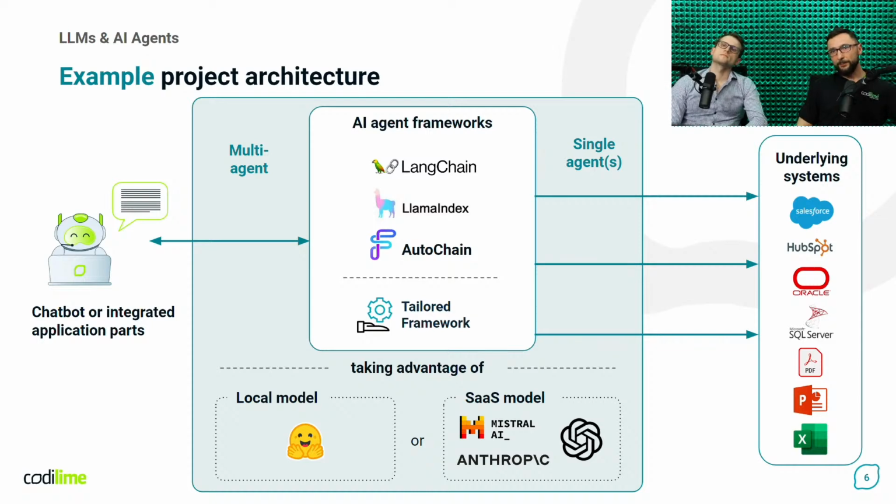All right. And now to show you a bit how such a thing could look, let's take a look at this very simplistic example project architecture. In the center of the screen, you can see that there are already made open source solutions that may significantly reduce the time you would need to build a solution POC, whether it's single or multi-agent.